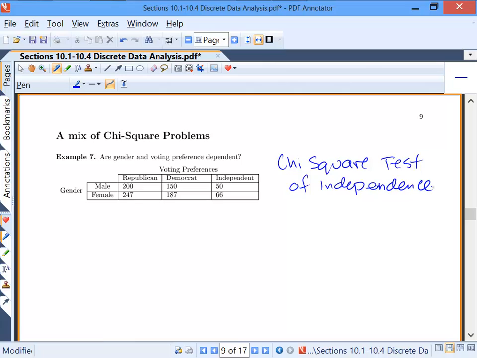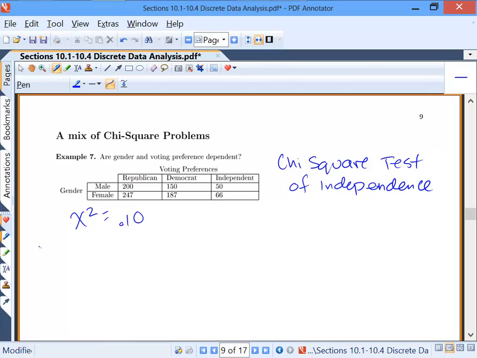What I'm going to do here is skip to the part where I just tell you that chi-squared equals 0.10. And then we'll do the rest of it.